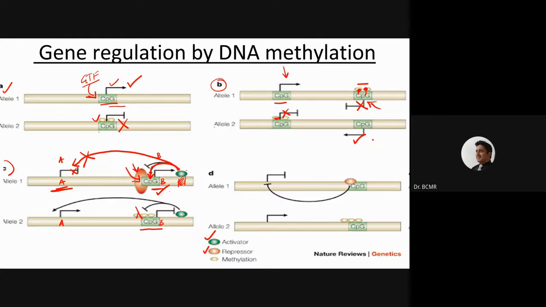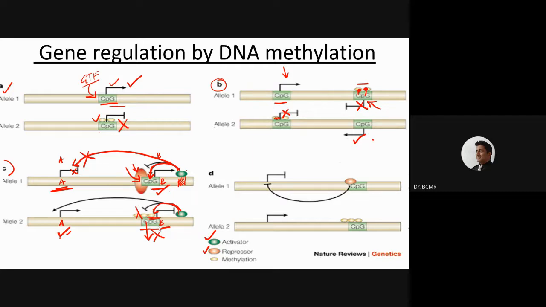So the activator can bend and interact with A, and can cause expression of gene A. Gene B is repressed for two reasons. One is because there is methylation, which is interfering with the promoter elements as well. The second reason is that there is no activator interaction here. That is another reason why there will not be expression of it.